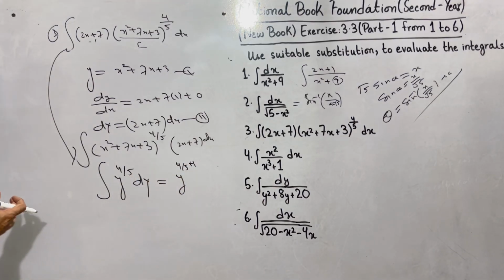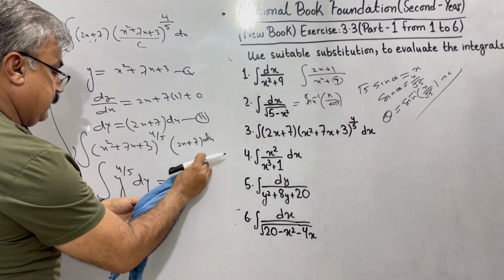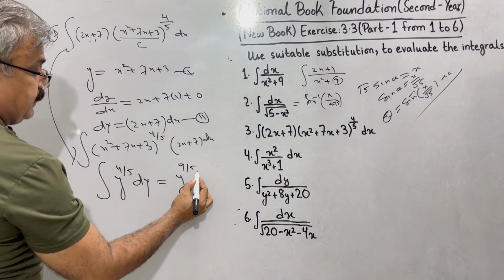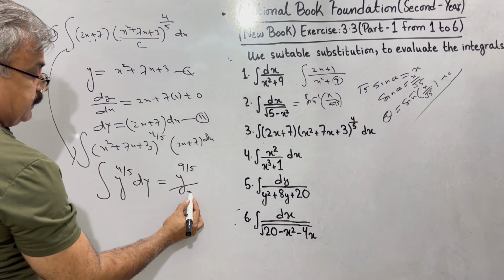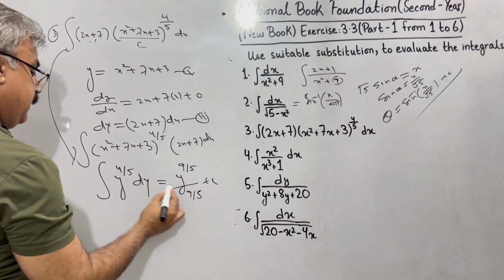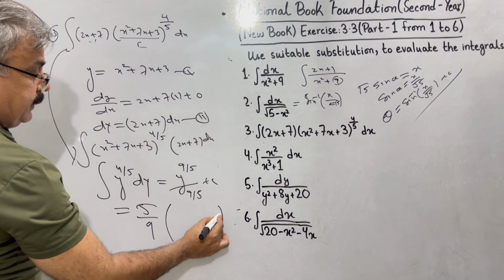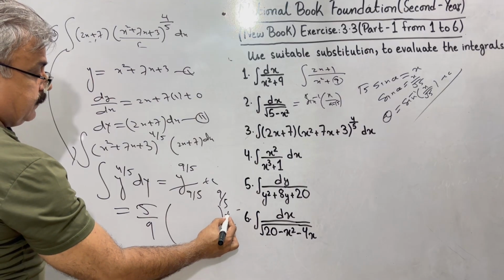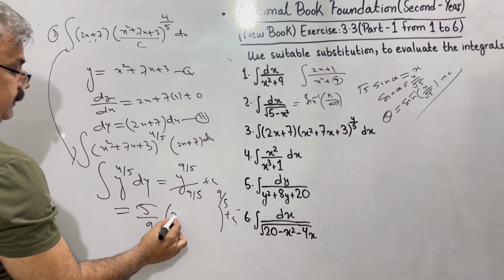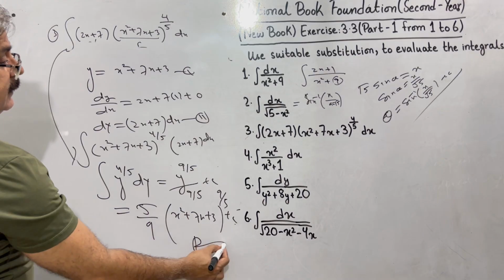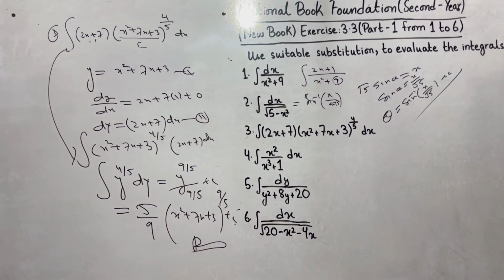It becomes 9 over 5 by adding 1, and dividing by the same gives 5 over 9. Reput the value of y, which is x square plus 7x plus 3. That's our answer in that case.